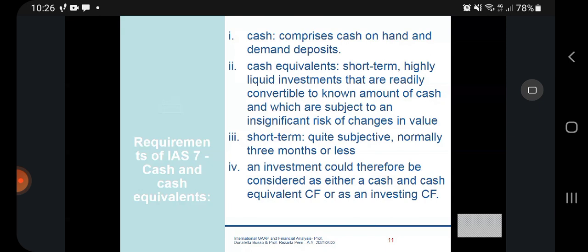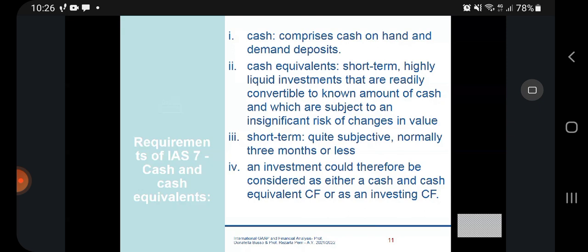Also, what is to be mentioned regarding cash equivalents is that an investment could be considered either cash or cash equivalent, or investing as well. This means that something that I decide not to include in cash equivalents can very well be part of the investing activity. Let me give an example.